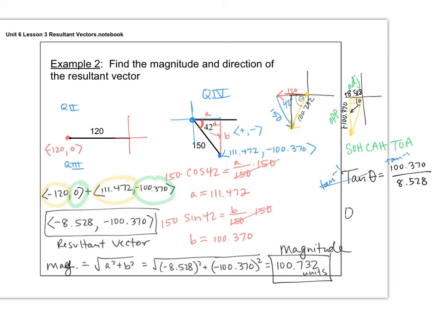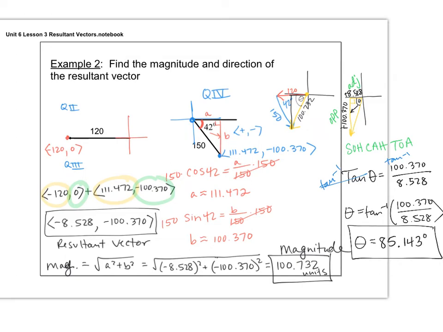And so we have theta equals the inverse tangent of 100.370 divided by 8.528. And when I did that, I got theta equals 85.143 degrees. Now, last thing we have to figure out is which quadrant that would be in.